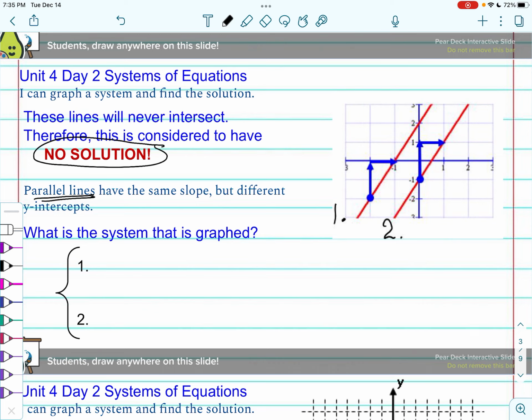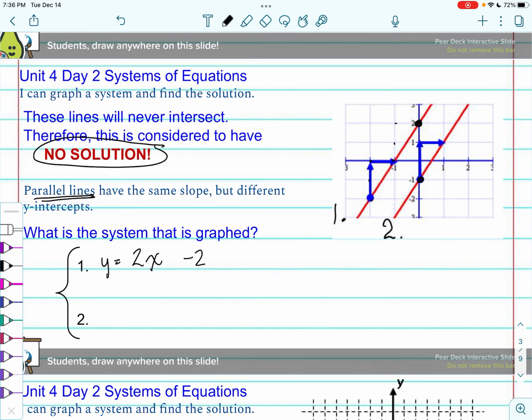When I look at this first one, number 1, looks like my y-intercept. Oops, that is not my y-intercept. My y-intercept is at -2, so I have -2 out here. If I go up 2 over 1, up 2 over 1, that's +2 for my slope. Now the next one, because it's parallel, I expect the same thing.